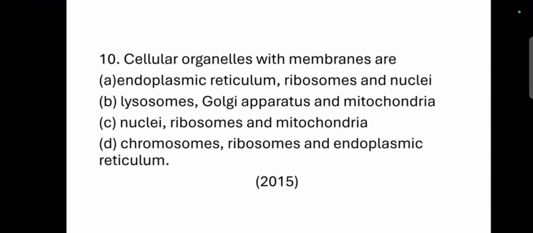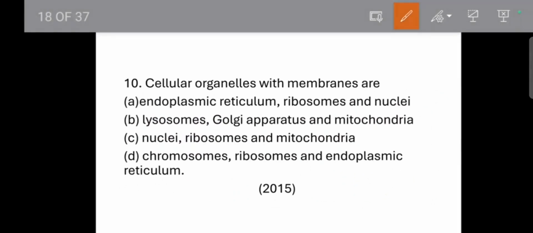Now the 10th one: which cellular organelles are with membranes? The first option is the endoplasmic reticulum, ribosomes and the nuclei. The ribosome is the naked one, so the first is the wrong statement. Second one is the lysosome, Golgi apparatus and the mitochondria.